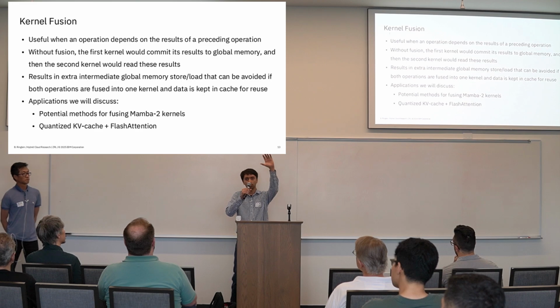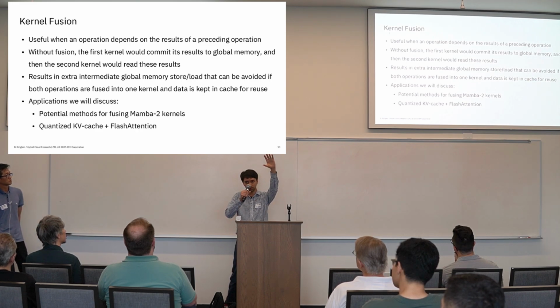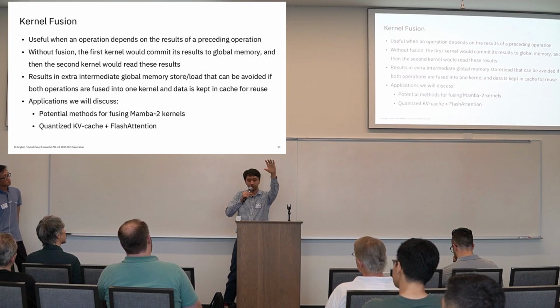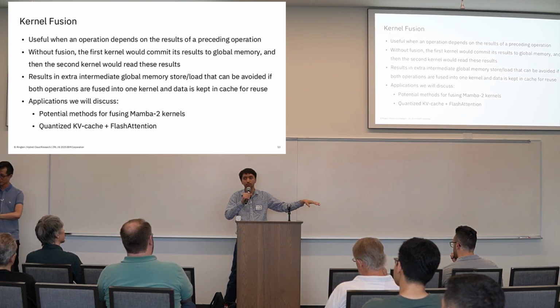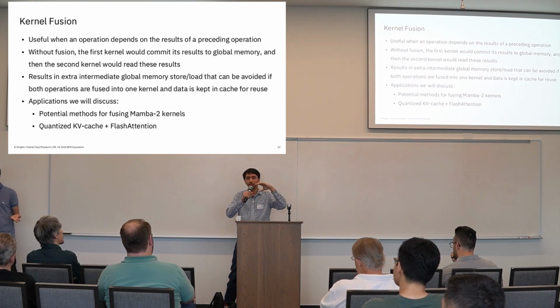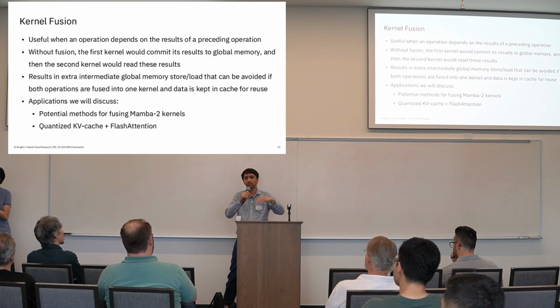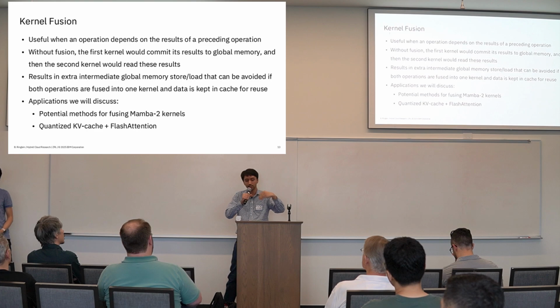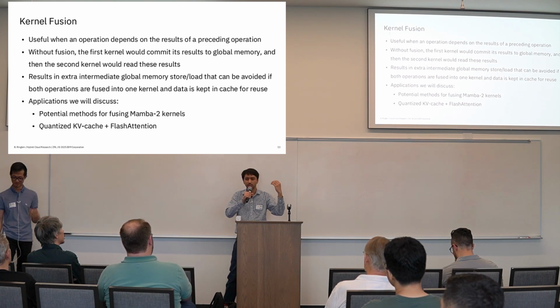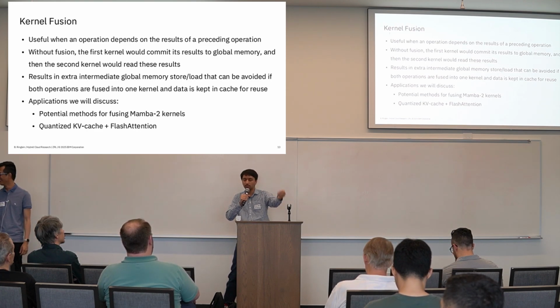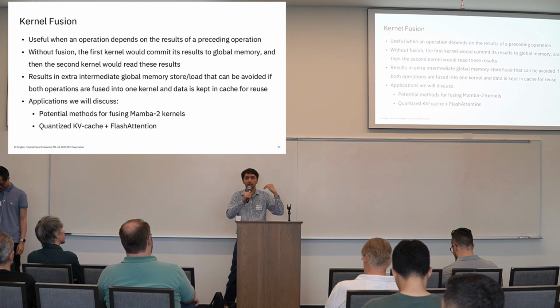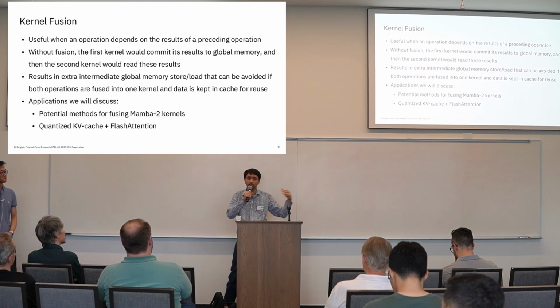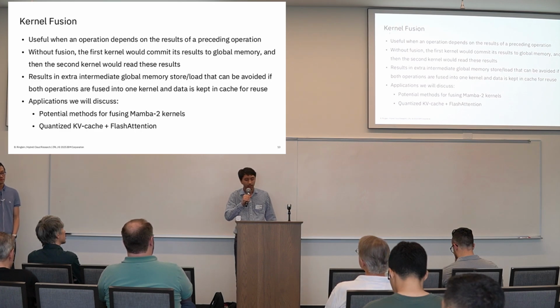If the kernel before writes some results to global memory, like those separate chips on a graphics card, and the second kernel then reads those same results as its input, you're doing an extra store and then load. It would be better if we could just do all that in cache and not have the extra cost.